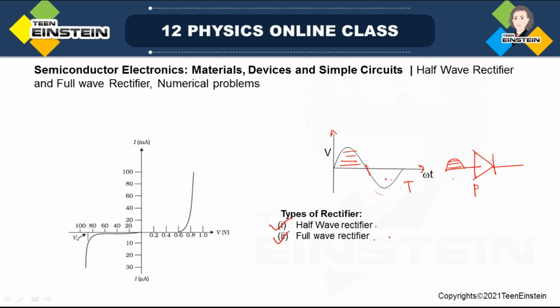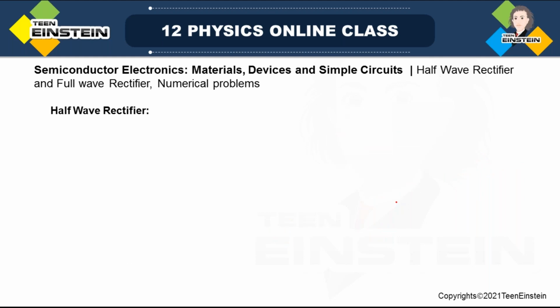We'll now discuss the half wave rectifier and full wave rectifier: what the necessary circuits are, how they work, the working principle, and what the output waveform will be. These are the things we are going to discuss today.